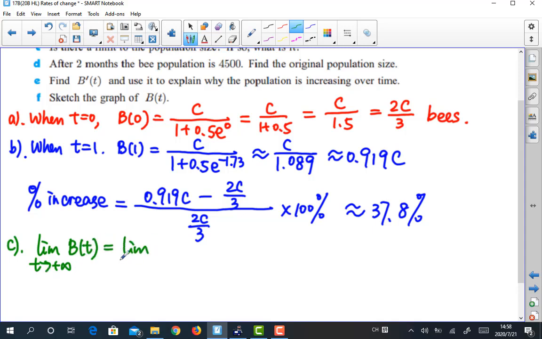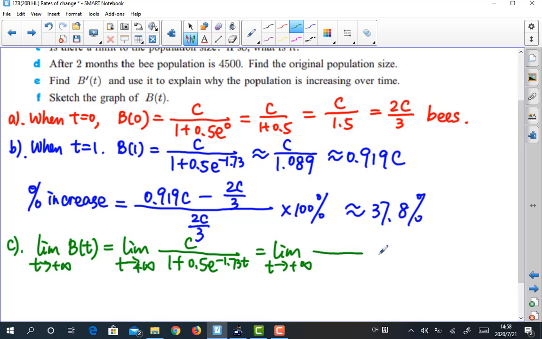The limit as t approaches positive infinity of B of t is C over 1 plus 0.5 times e to the power of negative 1.73t.